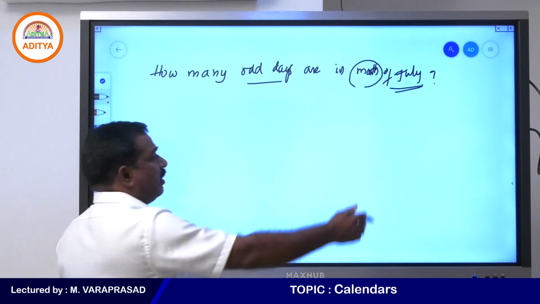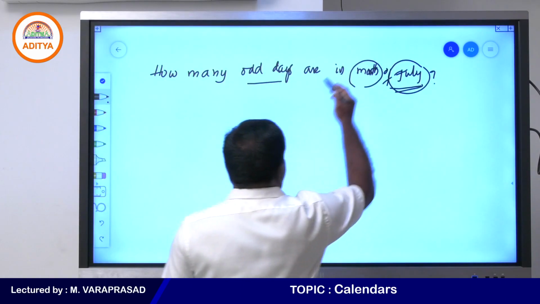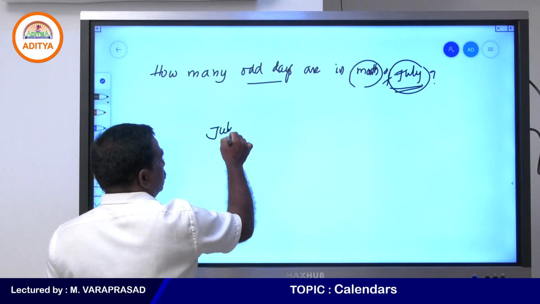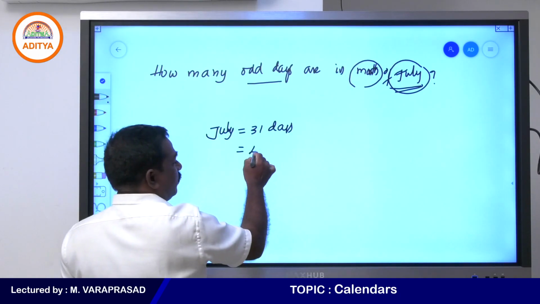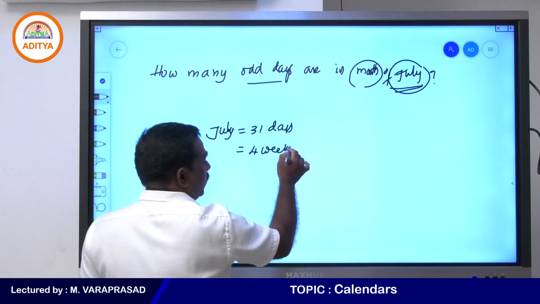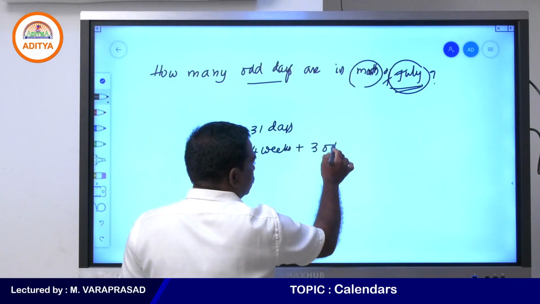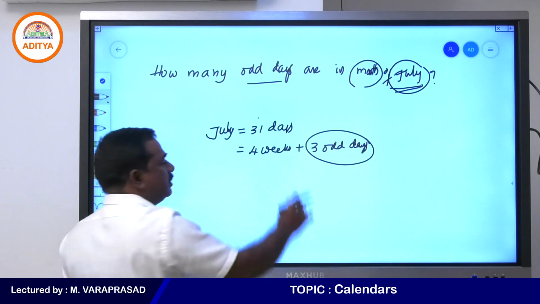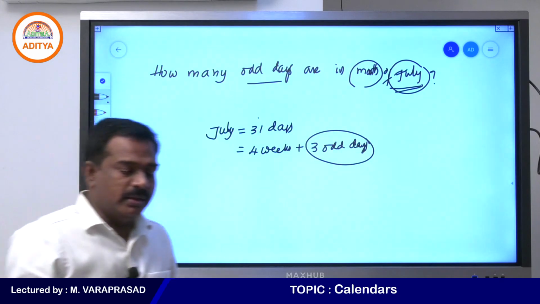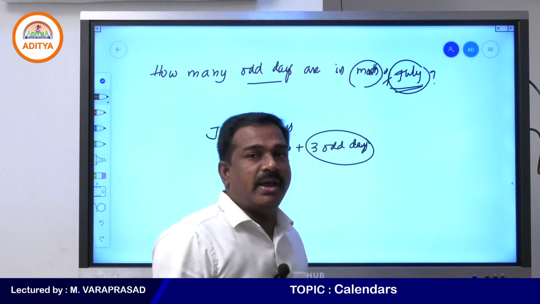So July means a 31-day month, and we get exactly 4 weeks plus 3 odd days. So July will have 3 odd days.